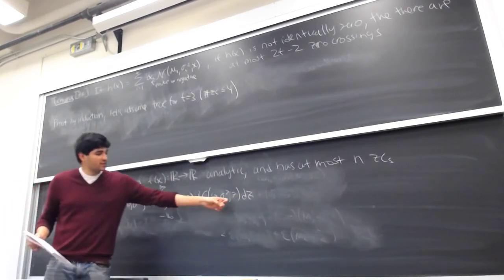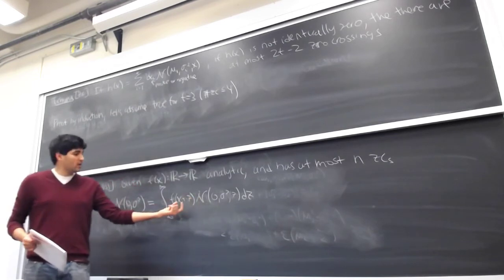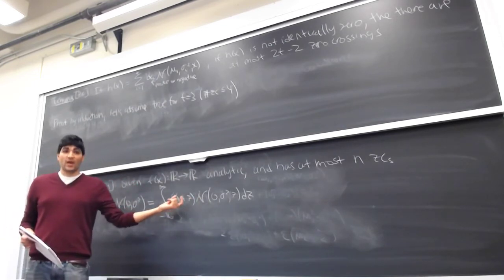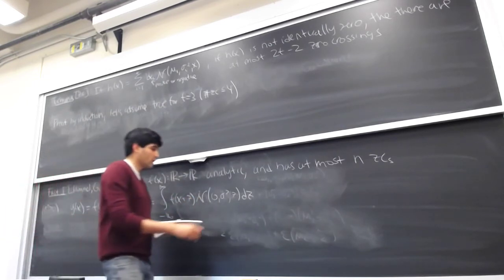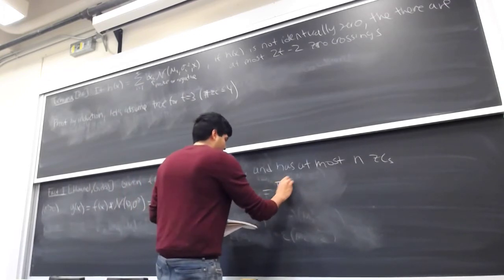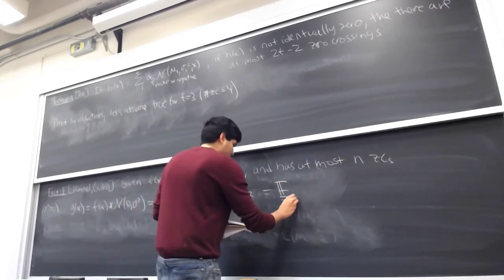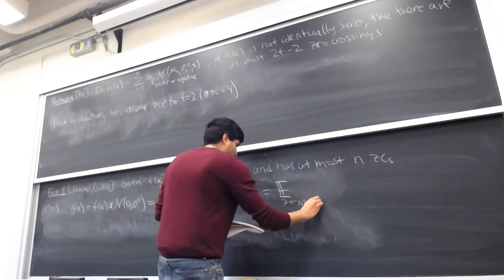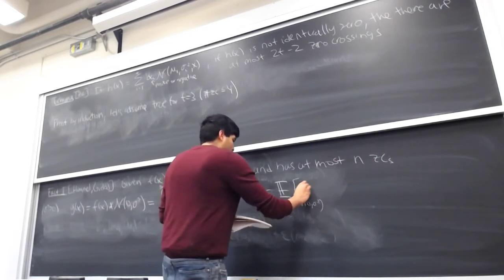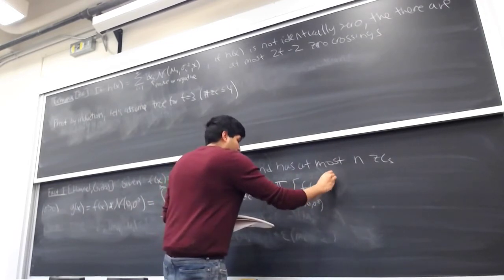So you're sampling z from a Gaussian, and then taking the average of f of x plus z. One way to think about this is that it's really just the expectation, where z comes from the 0, sigma squared Gaussian, of f of x plus z.